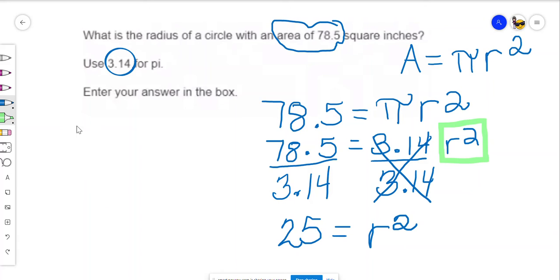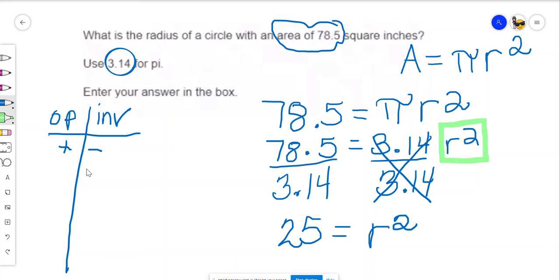So here, all of this time, you've learned inverse operations, where you have an operation and you have an inverse. So if something was added, you did the inverse of subtract. If something was subtracted, you did the inverse of add.